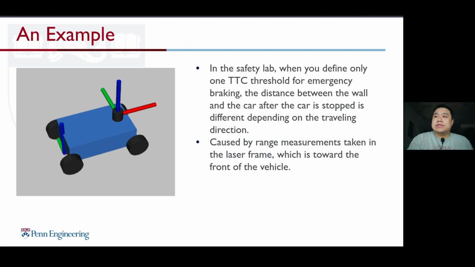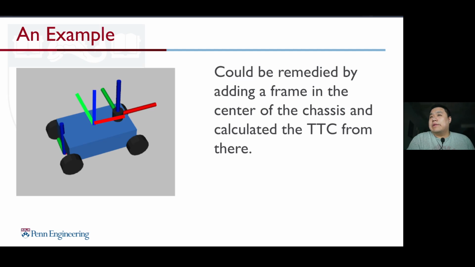As we can see in the picture here, the laser frame is toward the front of the vehicle. This could be remedied by adding a frame in the center of the chassis and calculating the TTC from there. This will keep it consistent going forward and backwards, where the distance between the front and the back of the car to that frame is consistent.